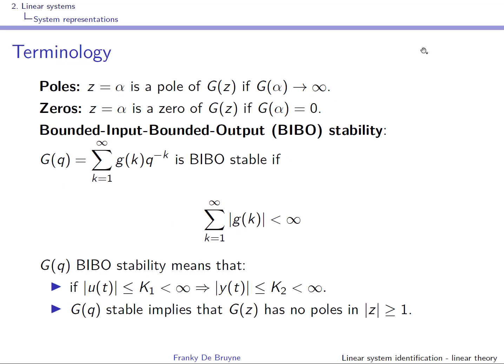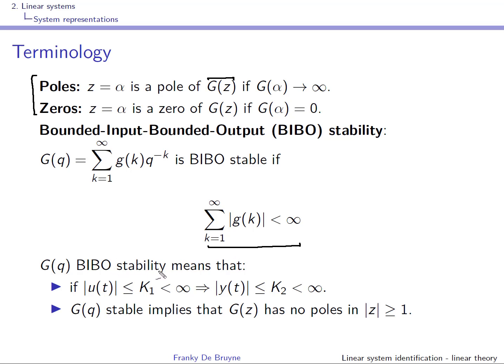So here are some reminders of the course of signals and systems. We can speak of poles and zeros of the system. If you talk about poles and zeros, then you have to consider g(z), so the actual transfer function. So a pole is actually a zero of the denominator polynomial, and a zero is a zero of the numerator polynomial. We can speak about stability, bounded input, bounded output stability, and we say that the system is BIBO stable if its impulse response is absolutely summable.